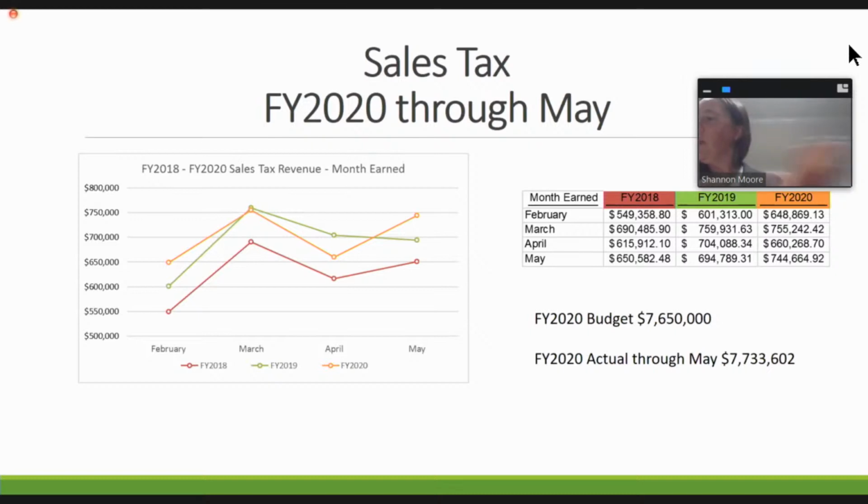I'm trying to recall from last year. Last year, our FY19 total budget, we received $8.1 million. I think we will exceed that amount, even with one more month yet to be received in the current fiscal year. So I think we will still exceed what we received last year. Good stuff. Thank you.